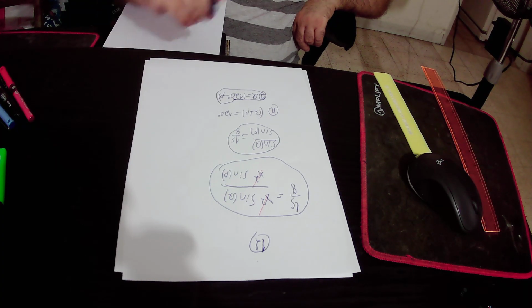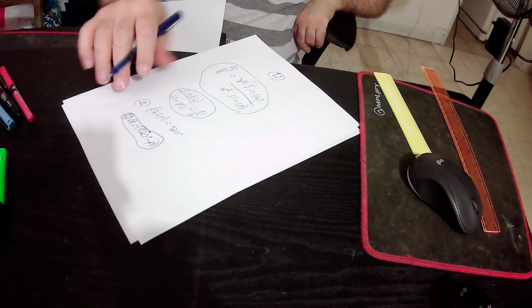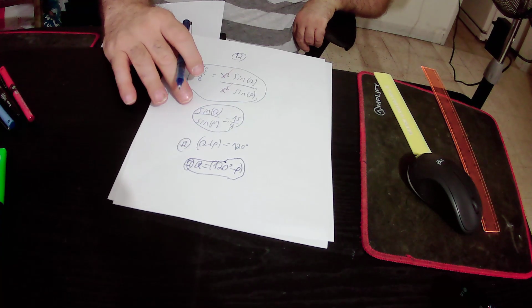So here in this equality, sine Q over sine P equals 15 over 8.